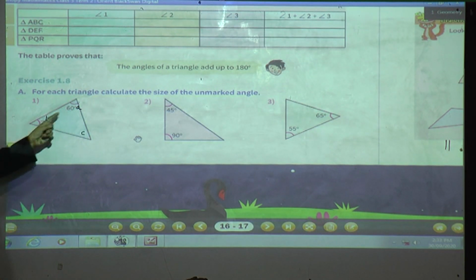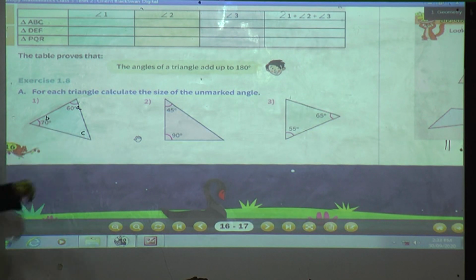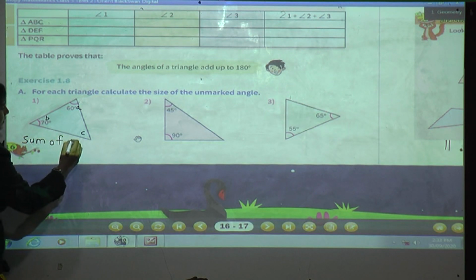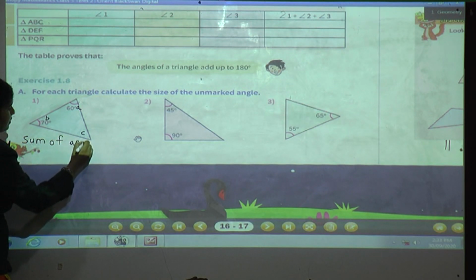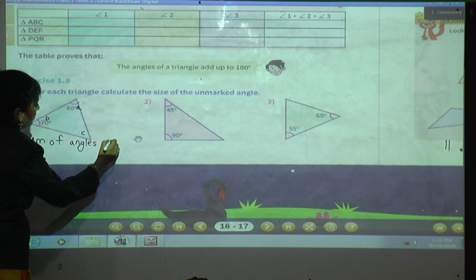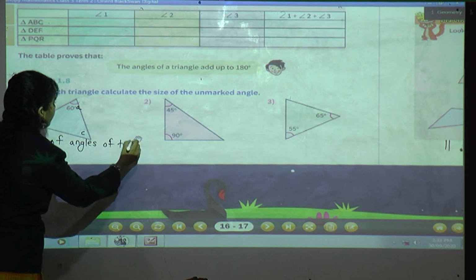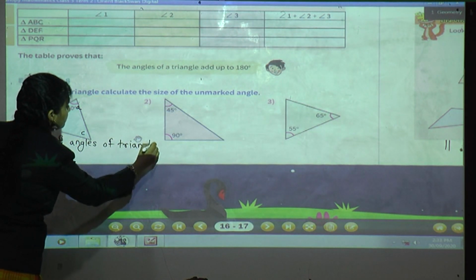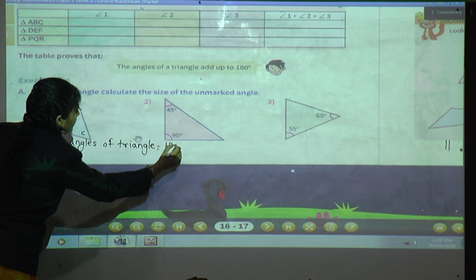Suppose this is A, this is B and this is C. The total measure of the three angles of a triangle is equal to 180 degree. Sum of angles of a triangle is equal to 180 degree.